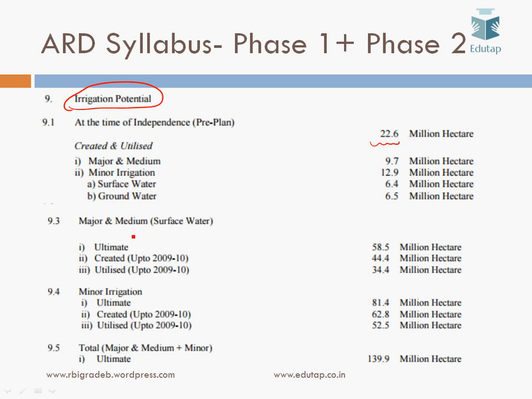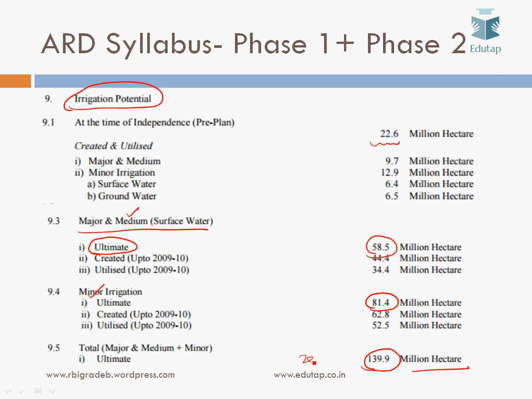Now the ultimate irrigation potential at the time of independence was 22.6 million hectare only. After independence, from the major and medium irrigation schemes, depending on the cultivable command area, the ultimate irrigation potential is 58.5. From minor irrigation, the ultimate potential is 81.4, and the total ultimate potential is 139.9 million hectares.